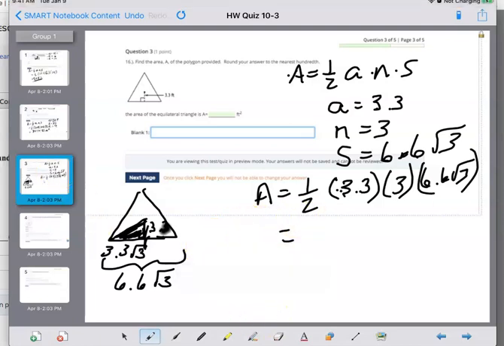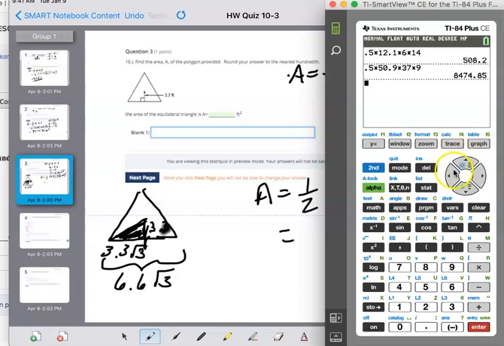I've got 0.5 times 3.3 times 6.6 square root of 3 times 3. That comes out to 56.58, and they ask me to put it into the nearest hundredth, so it's actually 56.59. Now, this is feet squared.